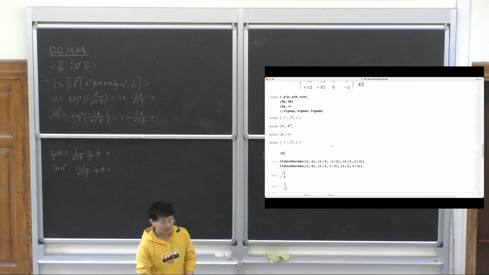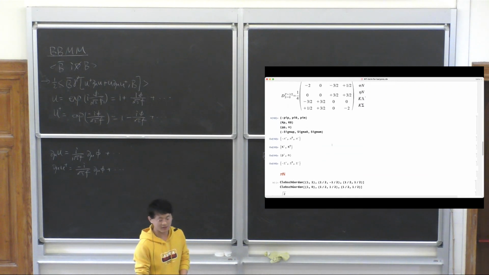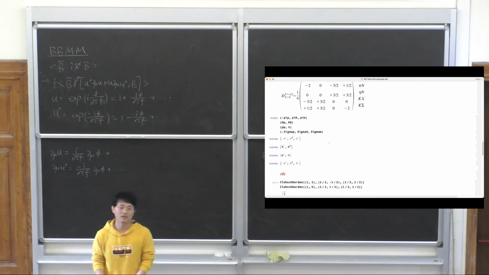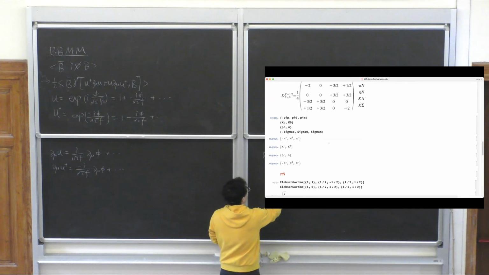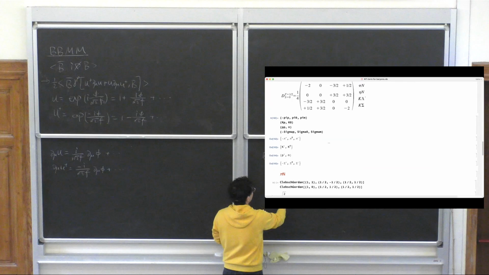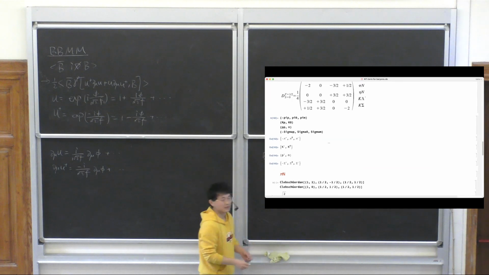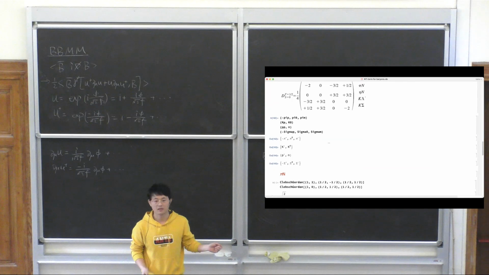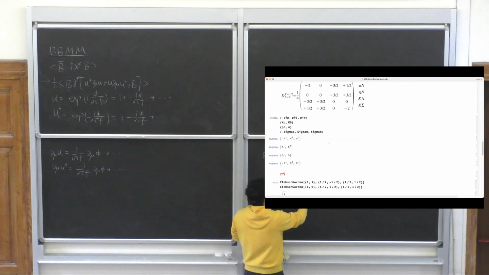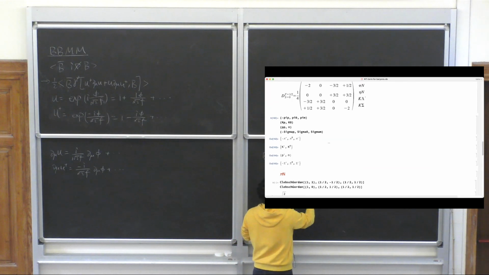But what we should pay attention to is the convention of the isospin. We know that the pi plus, pi 0, and pi minus form an isospin 1 multiplet, corresponding to 1, 1; 1, 0; and 1, minus 1.